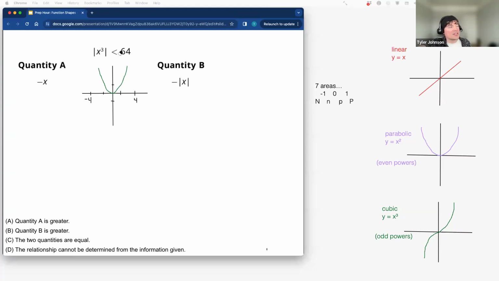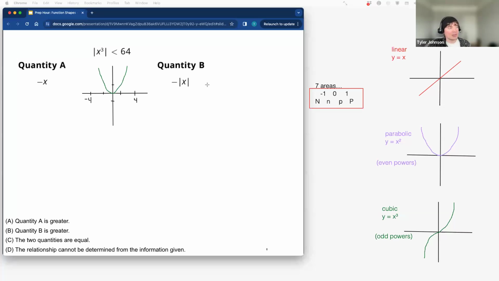And then the fact that it needs to be smaller than 64 means I'm kind of limited on the left and right by -4 and 4. But in terms of my number types, I haven't limited things much. I've still got some larger negatives, some fractional negatives, fractional positives, larger positives, -1, 0, 1. All that stuff is still on the table at this point.